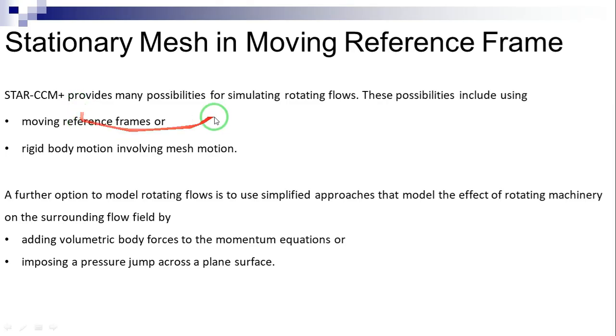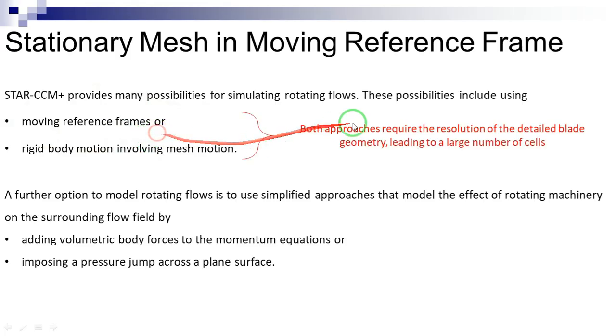STAR-CCM Plus provides many possibilities for simulating rotating flows. These possibilities include using moving reference frames or rigid body motion involving mesh motion. Both approaches require the resolution of the detailed blade geometry, leading to a large number of cells, which increases analysis runtime and hardware requirements.